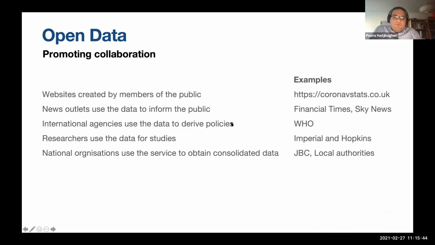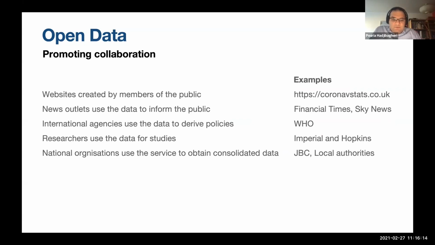It also promotes collaboration, as I said. There are websites that have been created based on the data that we release every day. Again, people are maintaining websites. They include additional data in it if they need to from other places. It has news outlets, and they use the data to inform the public. So Financial Times and Sky News have done excellent work with the data that we publish every day.